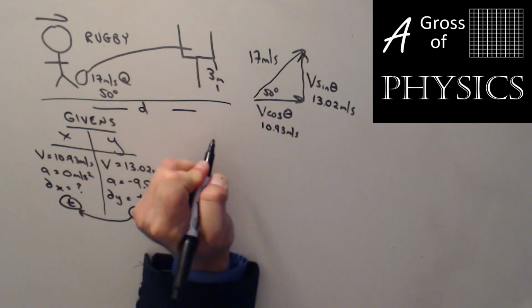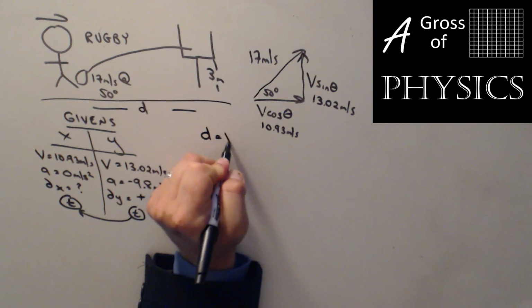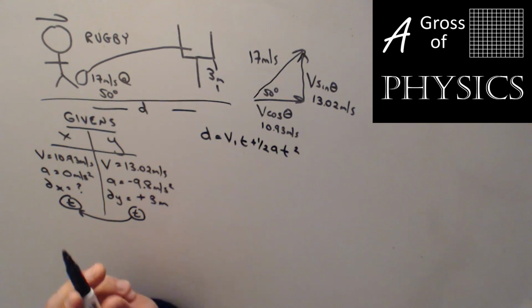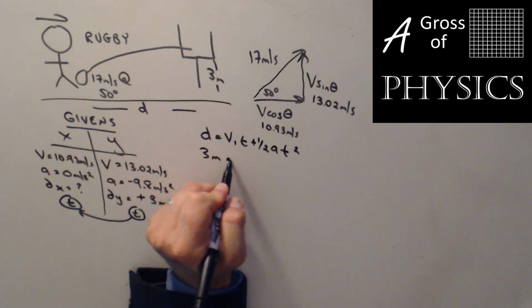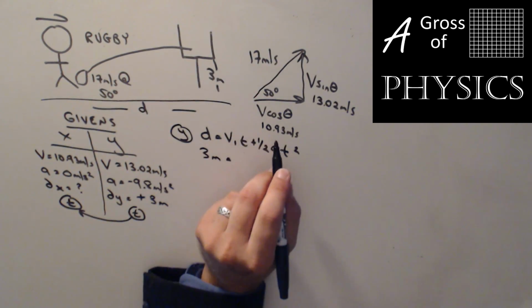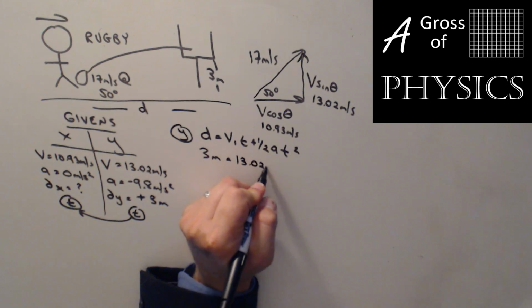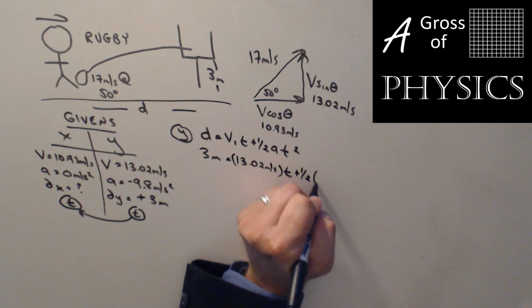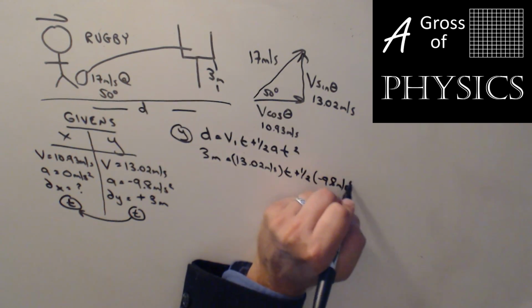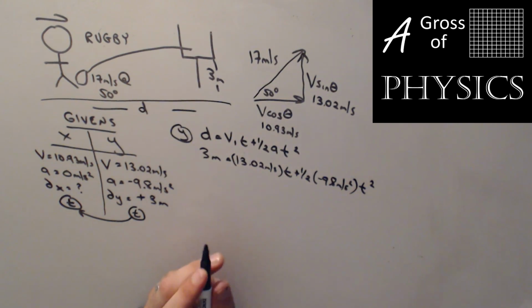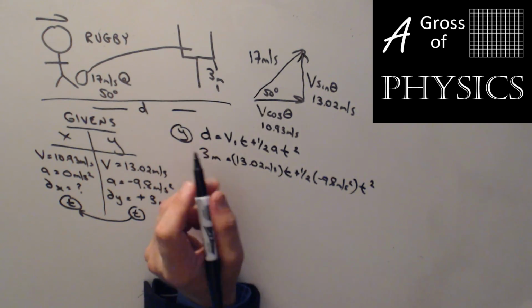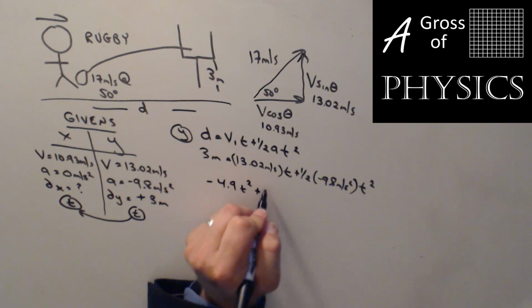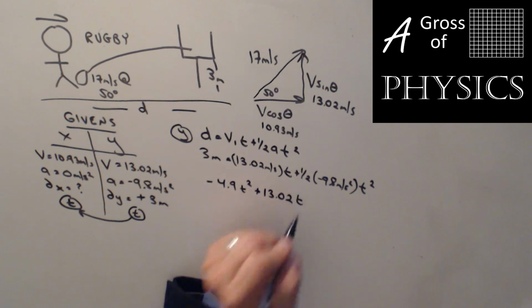Now, this looks like it's going to involve a quadratic. d equals vi t plus 1/2 a t squared. 3 meters equals, and this is the y direction first, 13.02 meters per second times t plus 1/2 times minus 9.8 meters per second squared times t squared. What we're going to do is simplify this. So it's going to be minus 4.9 t squared plus 13.02 t.